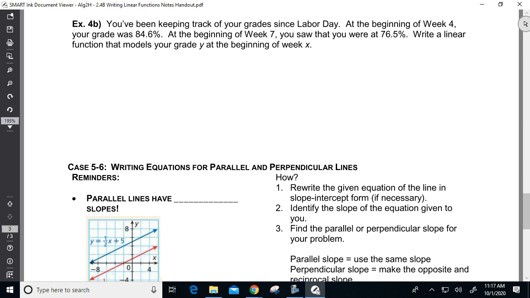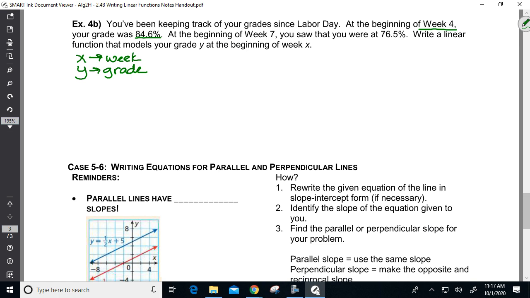So they told you what goes with what. So X represents the week, Y is representing your grade. So they told you at the beginning of week 4, your grade was 84.6.